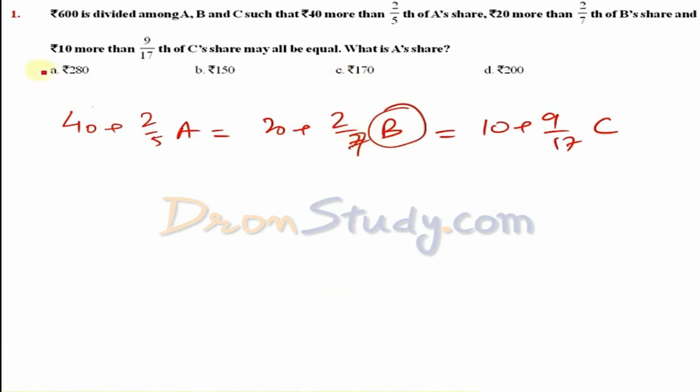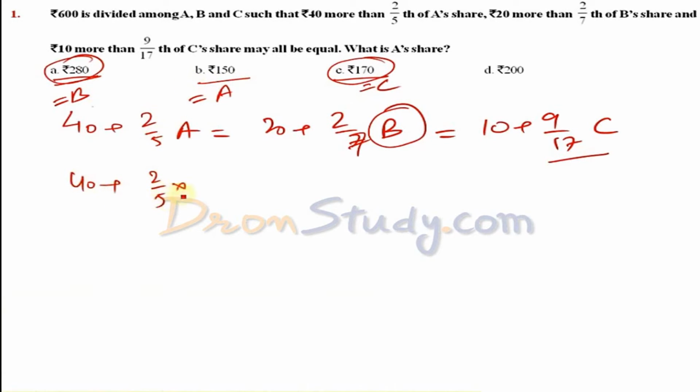So option A is divisible by 7. It may be B. It is not necessary that it is the correct answer, but it may be B. Now C is divisible by 17, only this option is divisible, this may be C, right? Now these two sum to 450, so the remaining value would be A. This may be A.